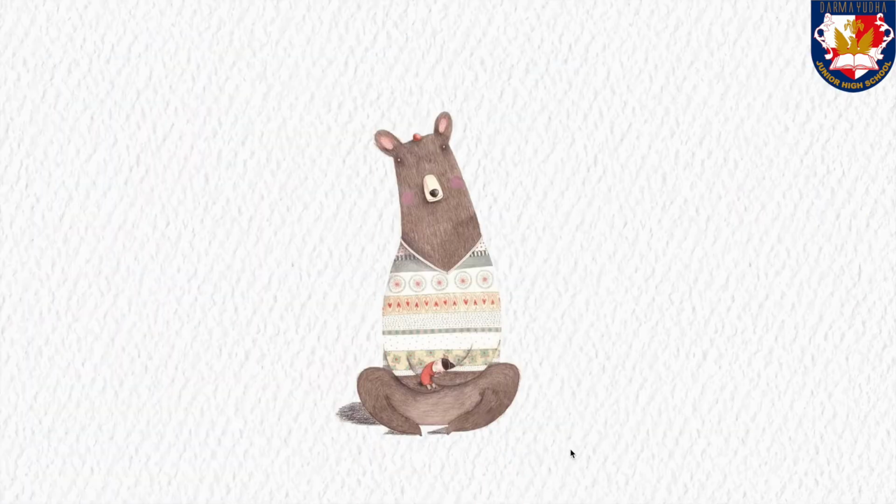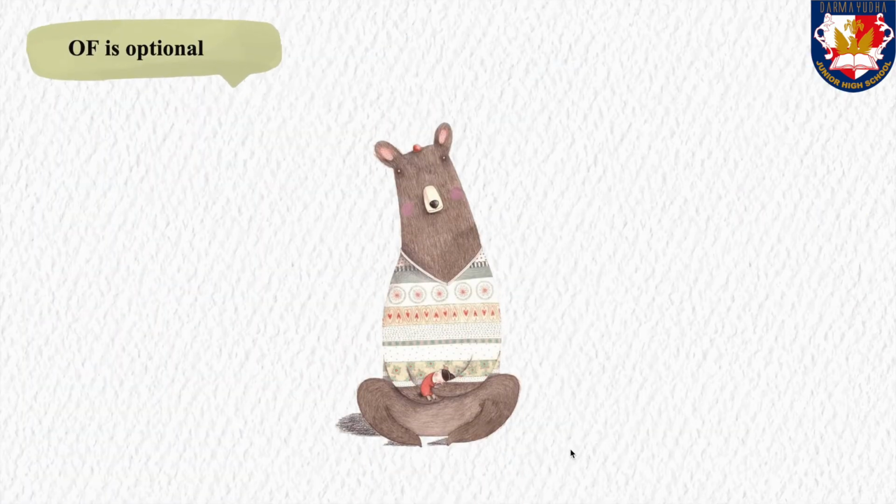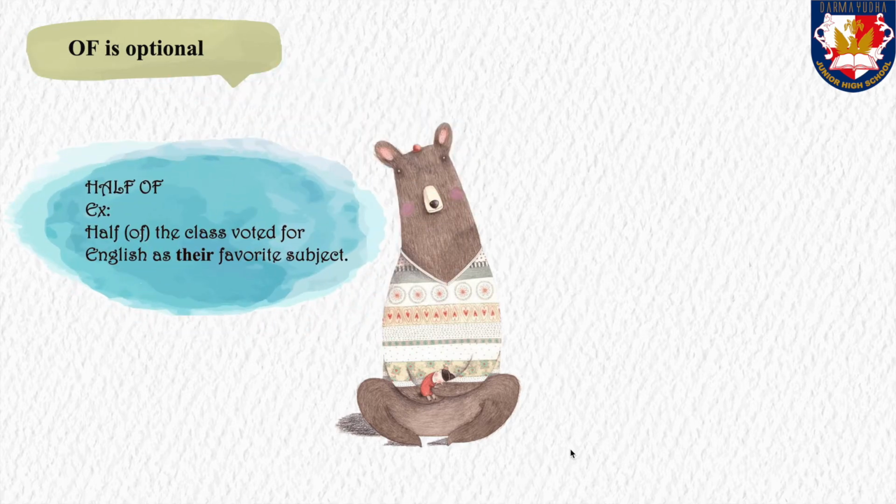Now, the second one, of is optional. It means that in these words, you may or you may not use the preposition of. As the word you see here, half of.